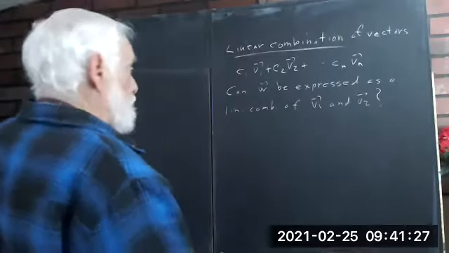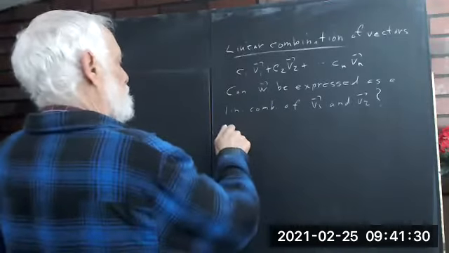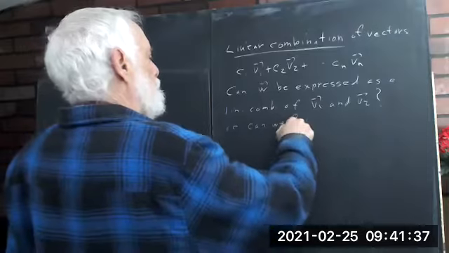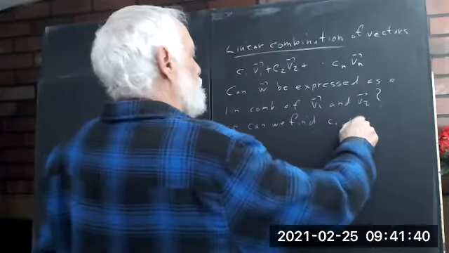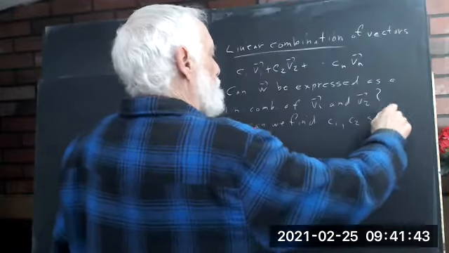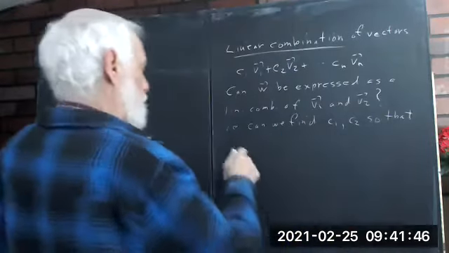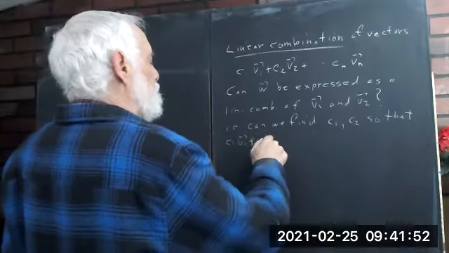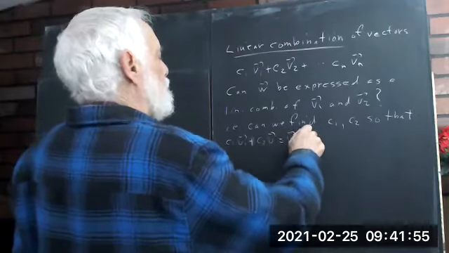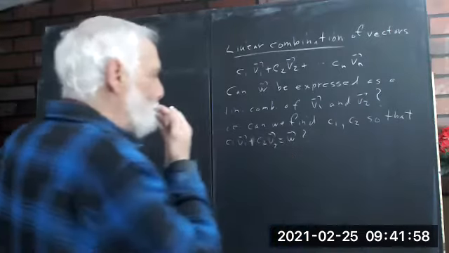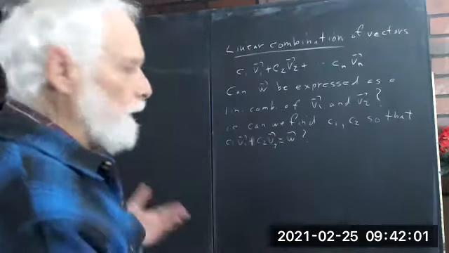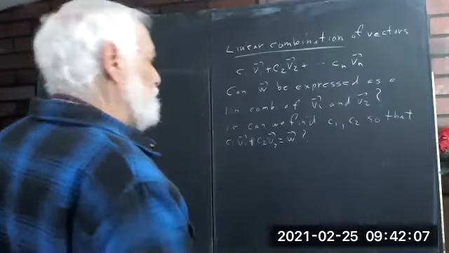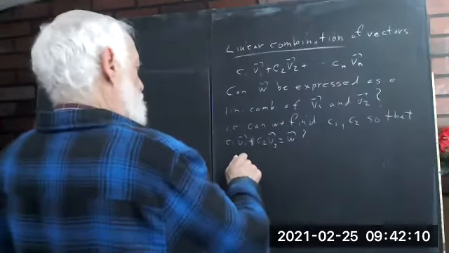Well, this means can we find C1 and C2 such that C1 V1 plus C2 V2 equals W. Well, if V1 and V2 are vectors in R2, and we've seen this, but let's just make sure we really grasp it.